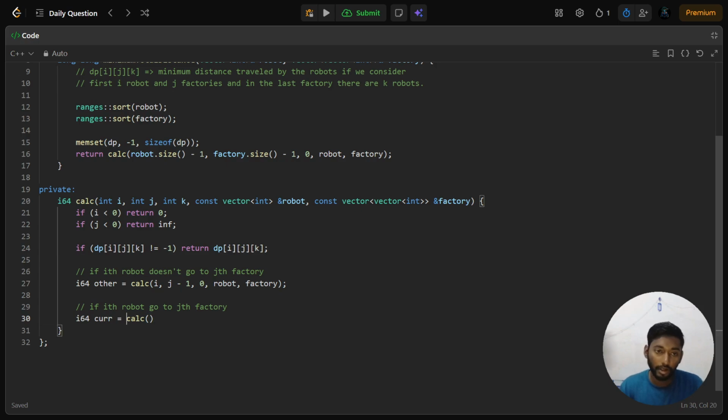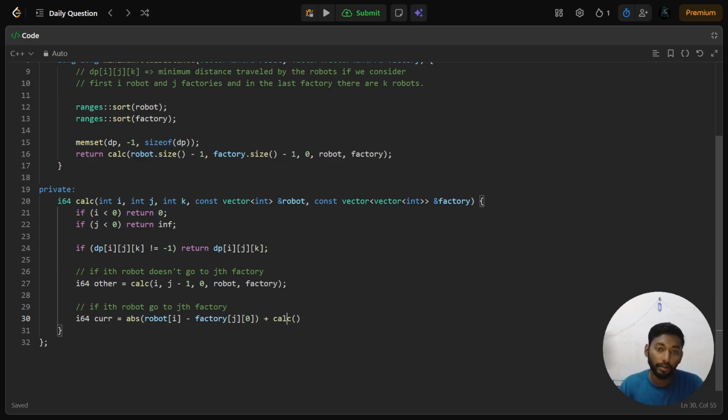So for that, what will the cost be? To move the ith robot to the jth factory, the cost will simply be abs of the position of the ith robot and the position of the jth factory. The position of the ith robot is simply robot of i, and the position of the jth factory is factory of j comma 0.